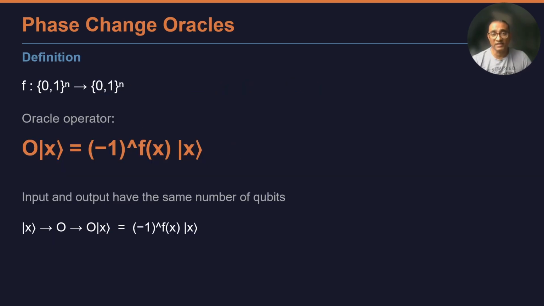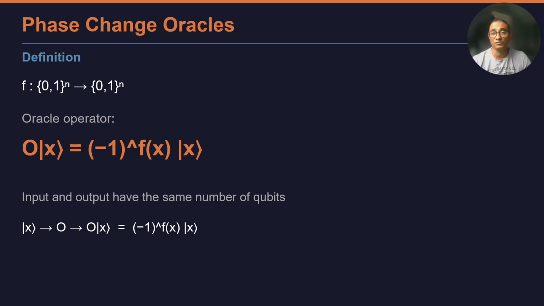Now, in terms of the phase change oracle, consider a simple function which is changing our input to output Boolean variables from one state to another. If you define an oracle operator for it, we have the oracle of x.